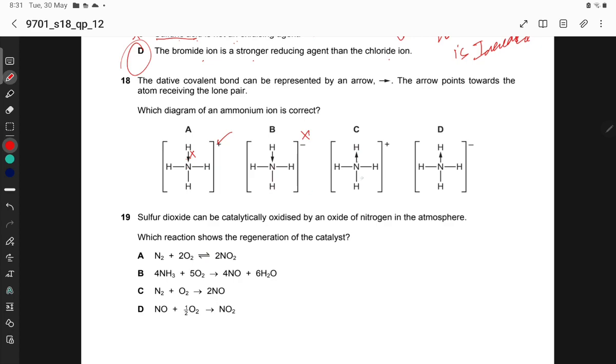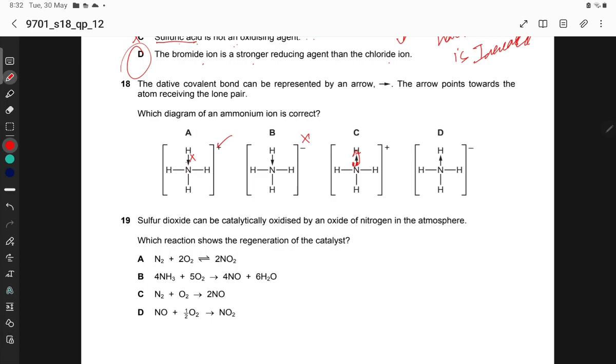Arrow towards the hydrogen atom, lone pair of electrons. So this is the arrowhead towards the hydrogen atom. So this is correct, this is incorrect, and the hydrogen positive ion is also correct. So C option is correct.